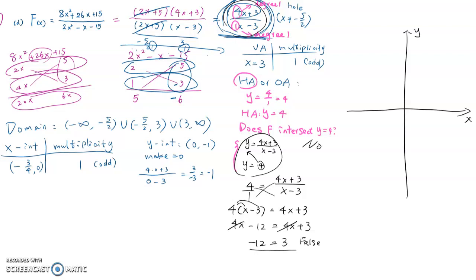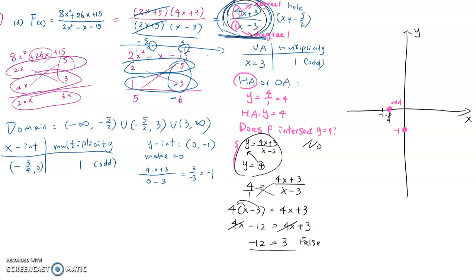Let's say negative 1 is over here, so negative 3 over 4 is kind of over here. Mark it like this. The multiplicity for that is odd. What else? The y-intercept is (0, negative 1). It's right here.